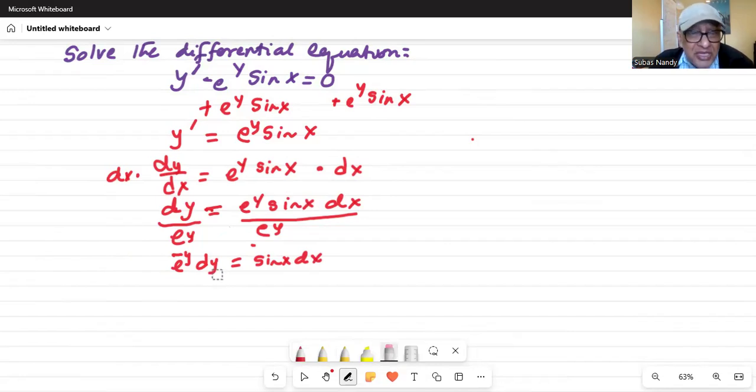On the right hand side e to the power of y in the denominator cancels with e to the power of y in the numerator, leaving sin x dx. Let me take a brief minute to explain where I'm going. I'm going to integrate on both sides.